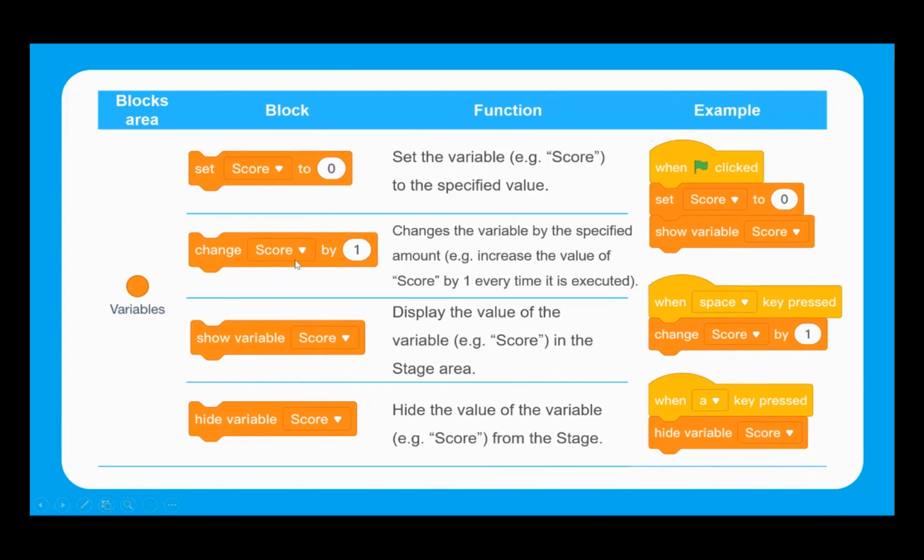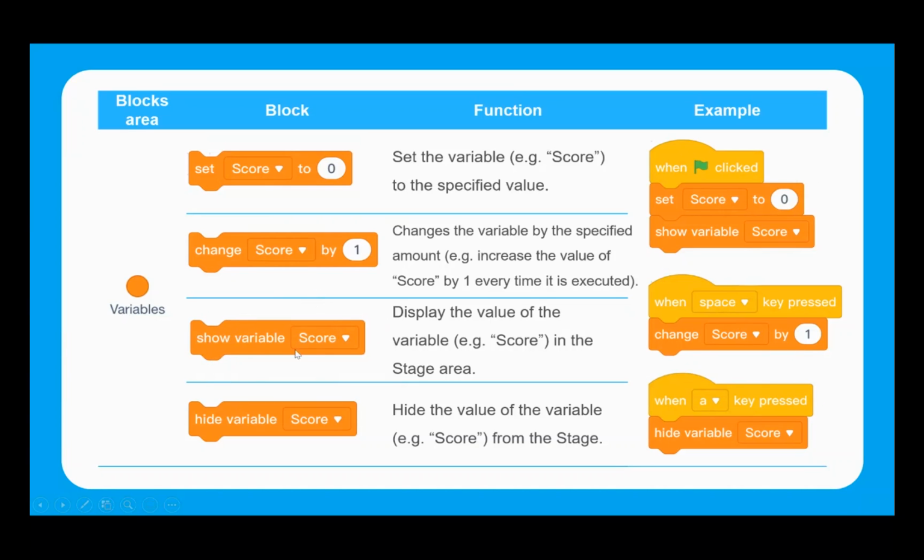We can also use a block to change the score. And again, it can be by whatever specific amount. We're going to be changing it just by 1 to begin with. So every time we catch a banana, for example, we want to change the variable score by 1. And you can also do the simple things similar to what we do with the sprites, where we can show and hide sprites. We can also show and hide the variable on the screen.